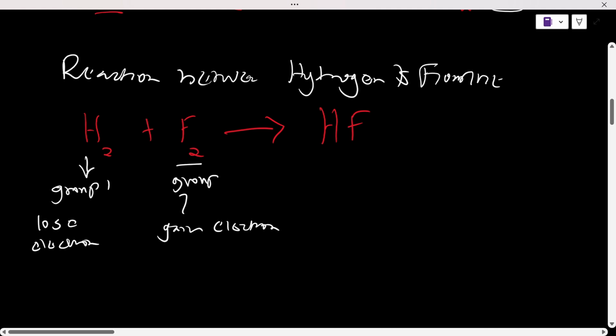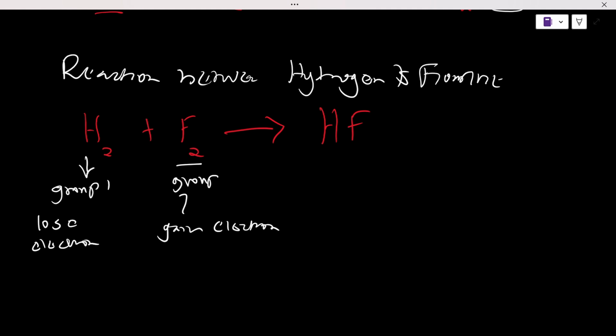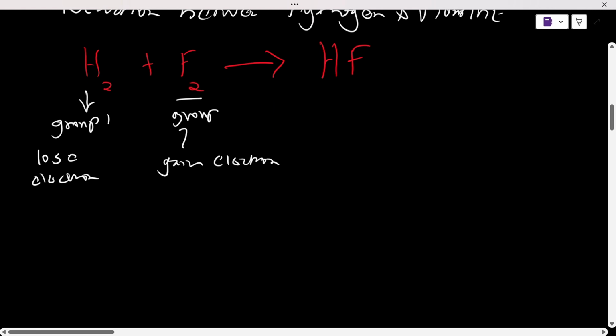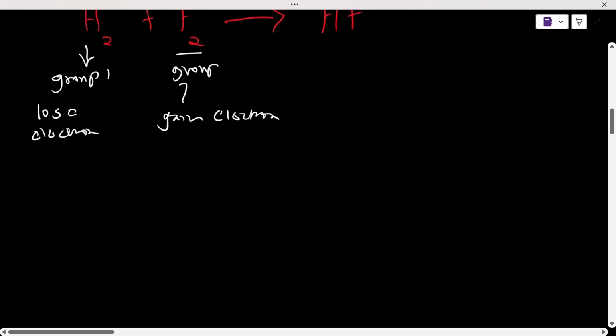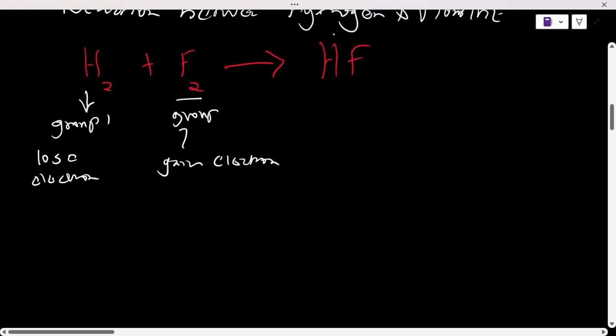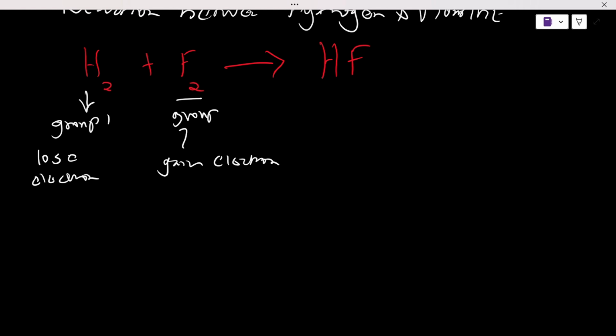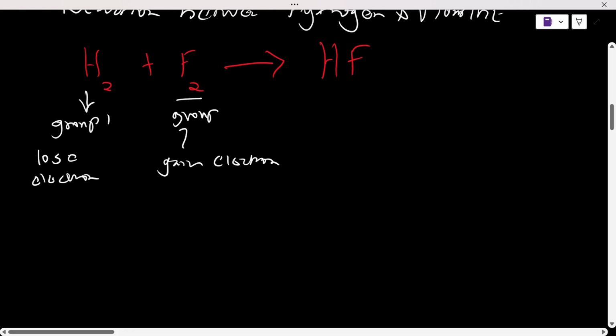So if that's the case, in this given reaction in which I'm now having hydrogen reacting with fluorine to form hydrogen fluoride, the first key thing I need to know is how hydrogen is reacting. So hydrogen is going to undergo the oxidation half reaction.